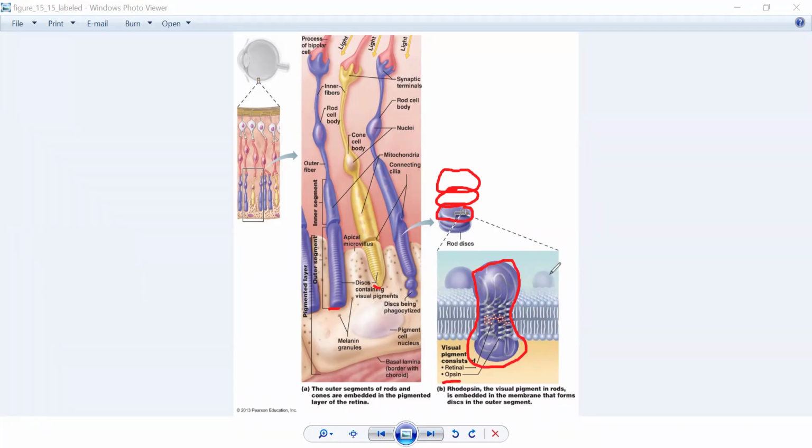When it absorbs light, it eventually initiates the signals to interpret what you're seeing. The pigmented portion is the retinal, and the protein portion is the opsin. Together it's called rhodopsin.